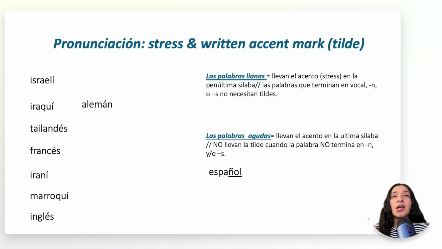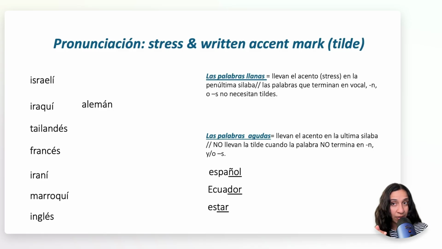So we have the word español, so the stress, the emphasis in that word is in ñol, español. It doesn't have a tilde, but it has the stress in ñol. We have the word Ecuador, and we have the word estar. Those are more examples of palabras agudas.